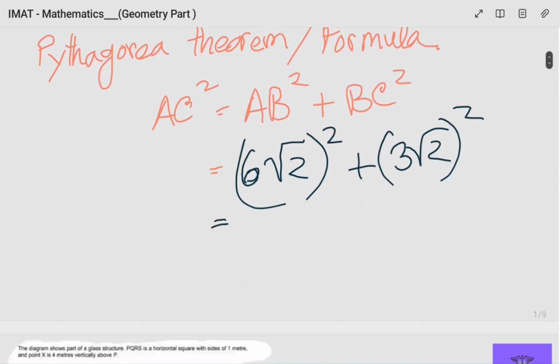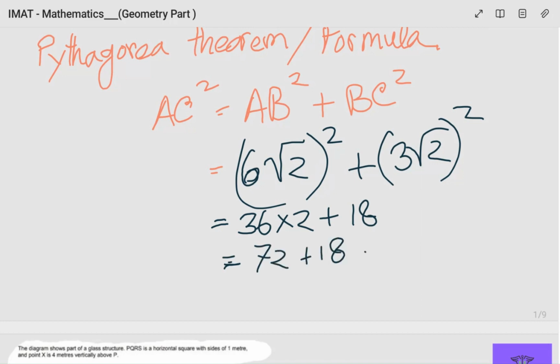Now 6 square is 36, and root 2 square would be 2, so that is 72, plus 3 square is 9 times 2, which is 18. So we get here 72 plus 18, which is 90.